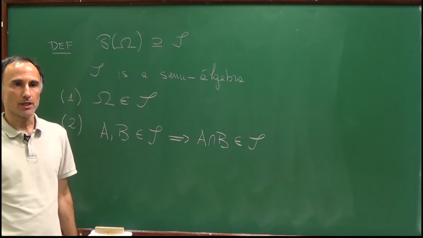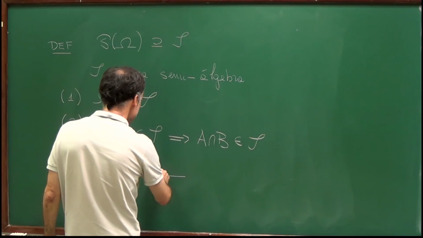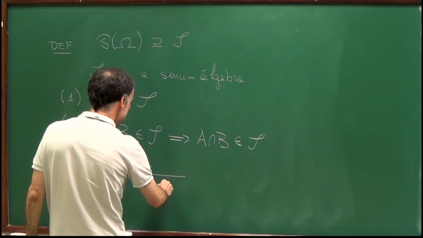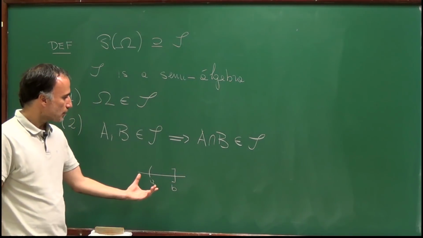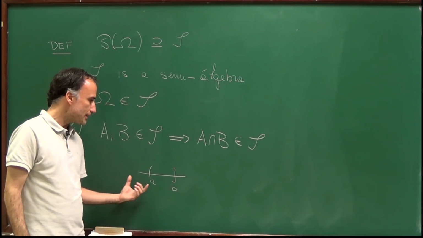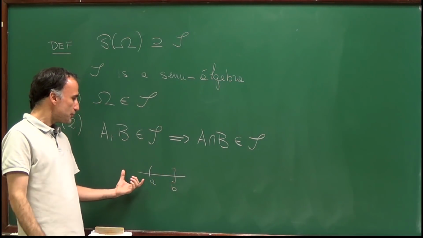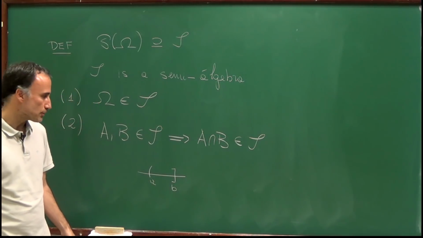And then if you think of intervals, let's say that you take an interval (a, b). If you take the complement of this interval, you don't get an interval, but you get a union of semi-infinite intervals.